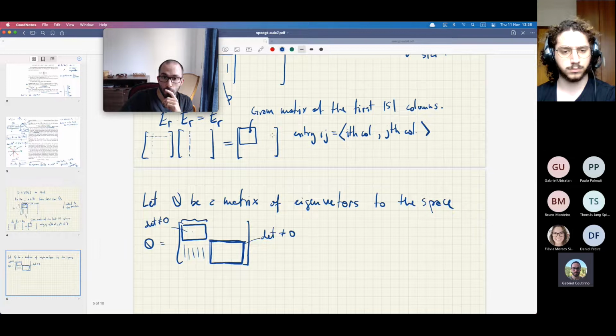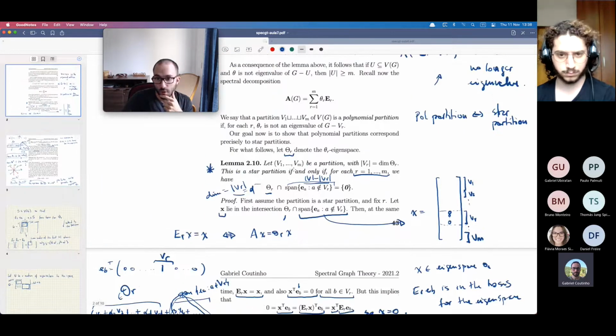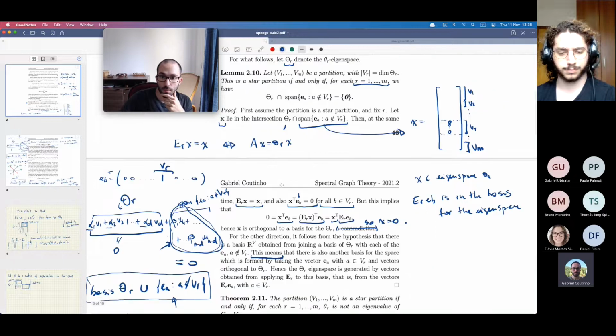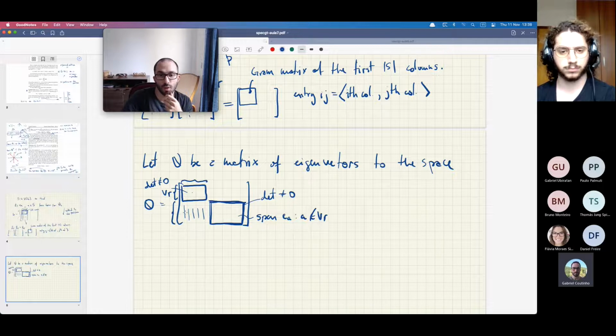Now I go back to the lemma. The lemma said that there is no vector but the 0 vector which is in the span of the things outside of VR, and also in the theta r eigenspace. Now these belong to the span of the things outside of VR, because these are the vectors VR. So this is everything outside. These are the rows corresponding to VR, and these are the rows outside.